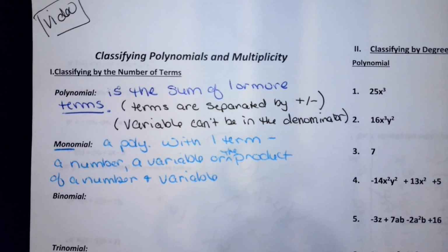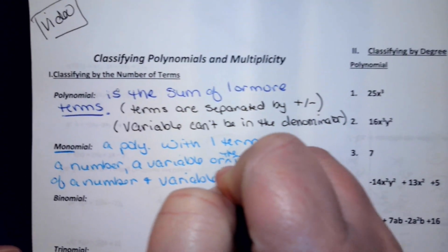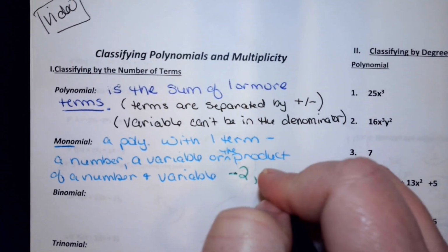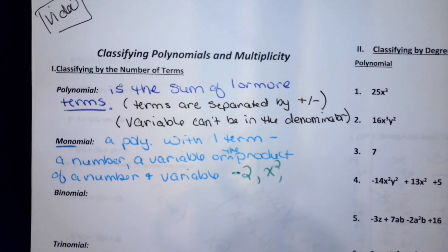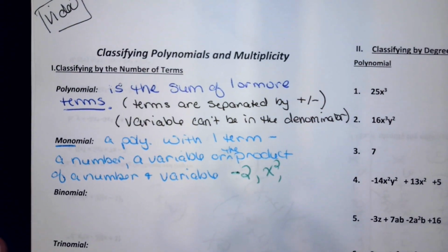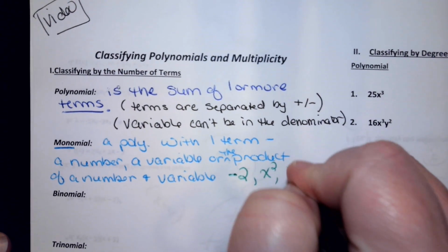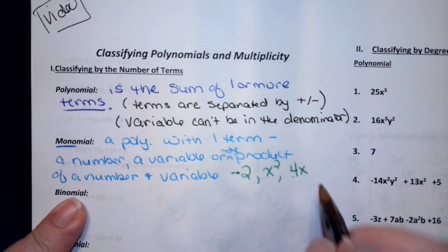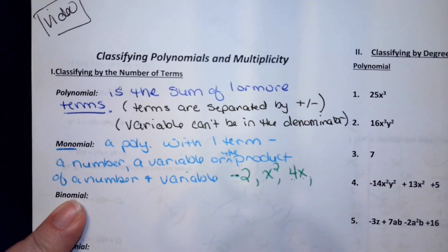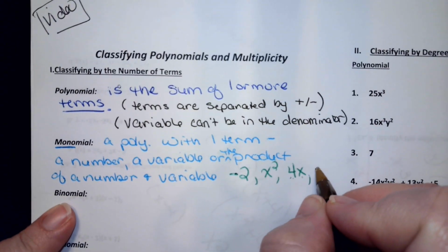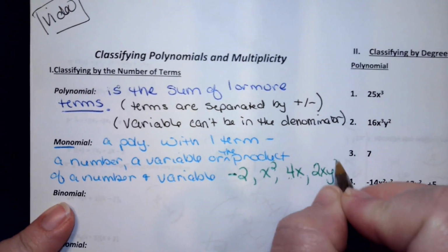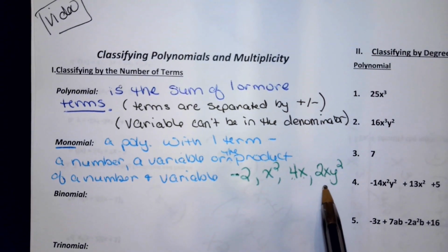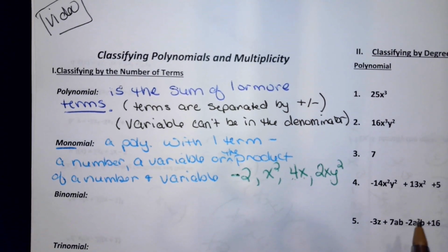So for example, if we just had a number like -2, that's a monomial. If we had just a variable like x squared, that's a monomial. If we had something like 4x, this is the product of a number and a variable, so that's still one term. Or we get something like 2xy squared. That's still one term because it's not separated by addition or subtraction.